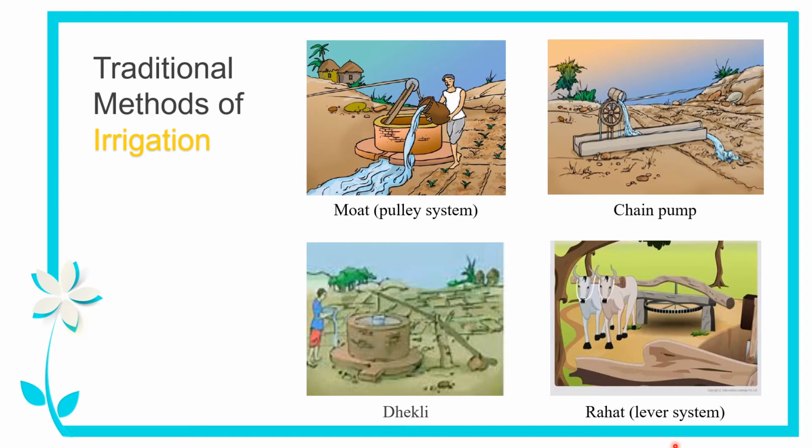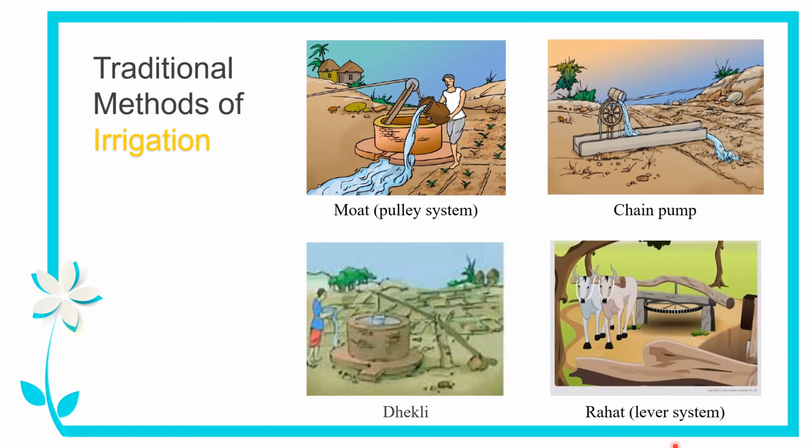The lower end of the long belt of the pot dips into the water of the well, and the big wheel is turned by using a lever system driven by the force of bullocks or any other animal. When the bullocks move, the long horizontal handle of the lever system goes round and round, and the big wheel fixed over the mouth of the well starts rotation.